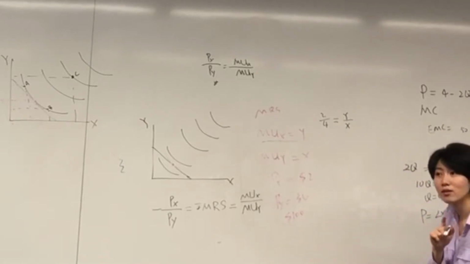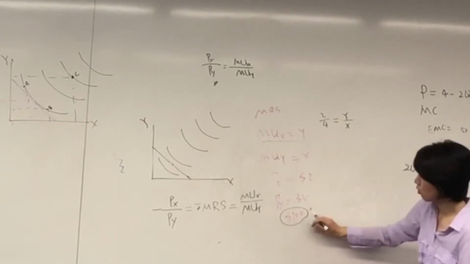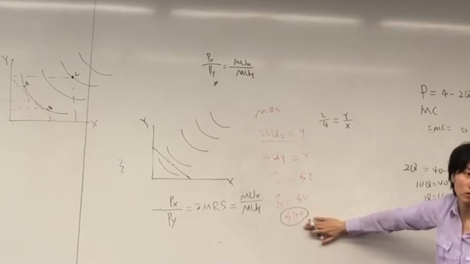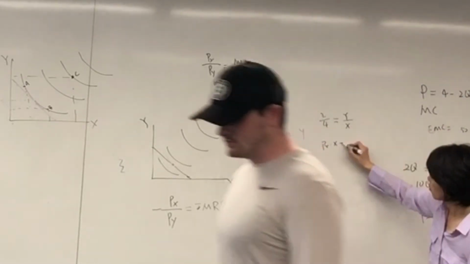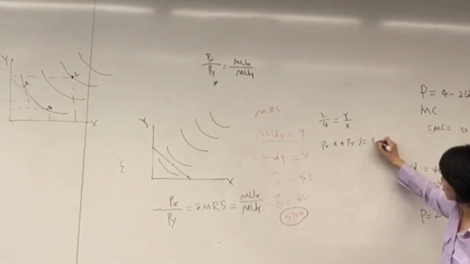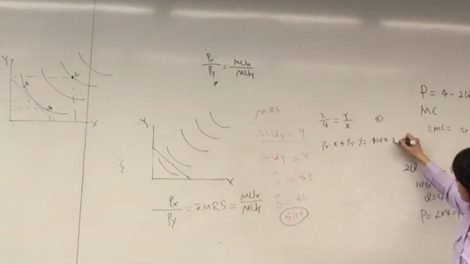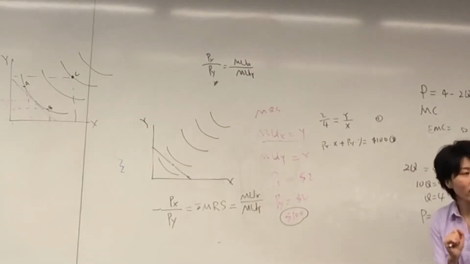You need another one: if we know the total income available is $100, then Px times X plus Py times Y is 100, and you can solve for X and Y.